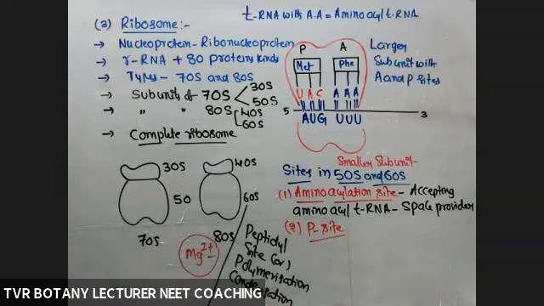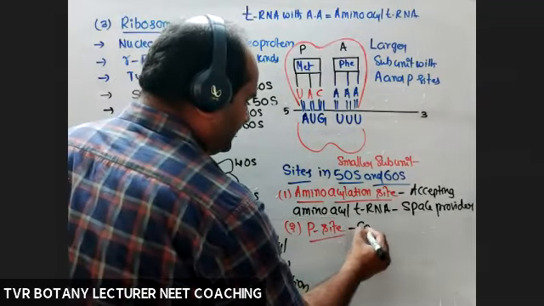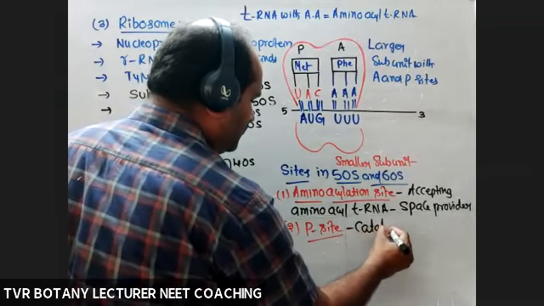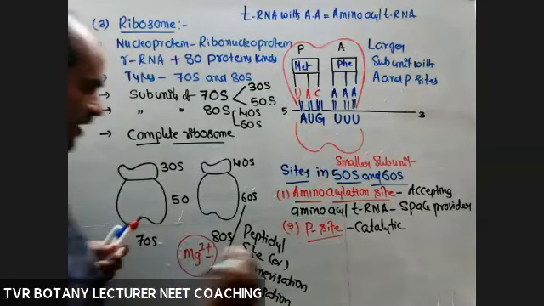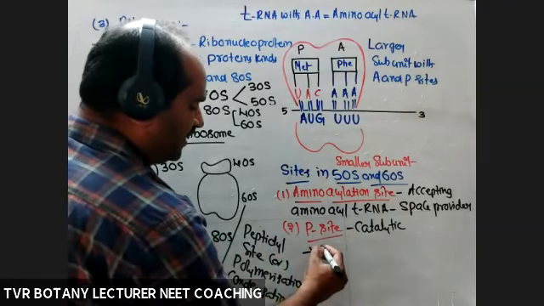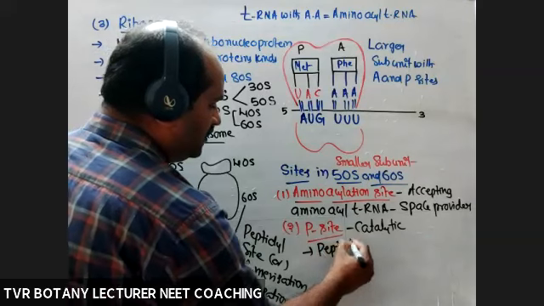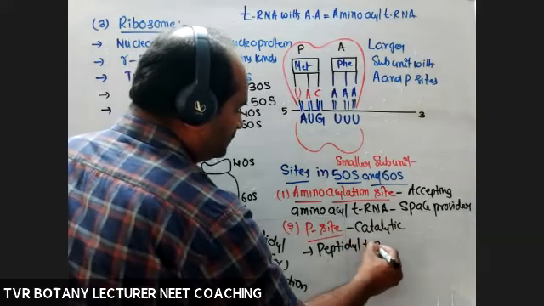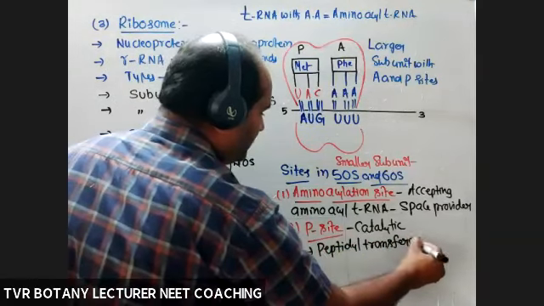These are the other names of that site. So this site is catalytic. What is the role of this site? This site is with an enzyme, that is the peptidyl transferase enzyme. Enzyme is present.